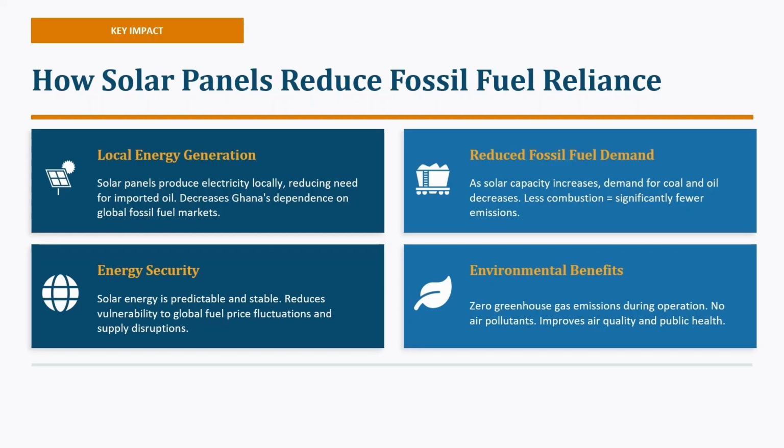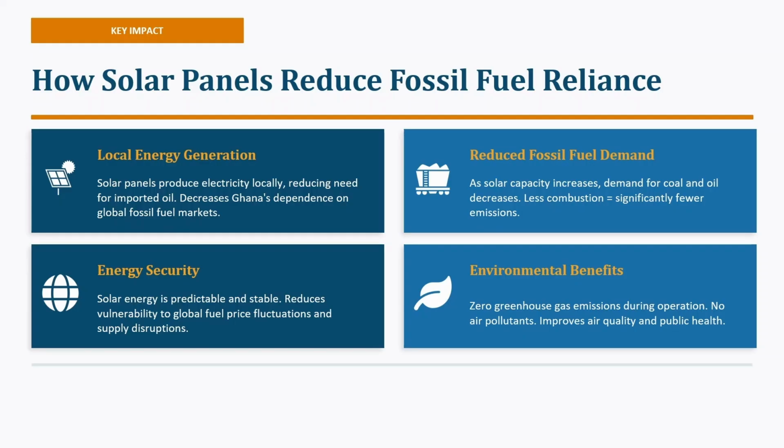And when that happens, we say that there will be local energy generation. So solar panels produce electricity locally, reducing the need for imported oils, which will decrease Ghana's dependence on the global fuel market.